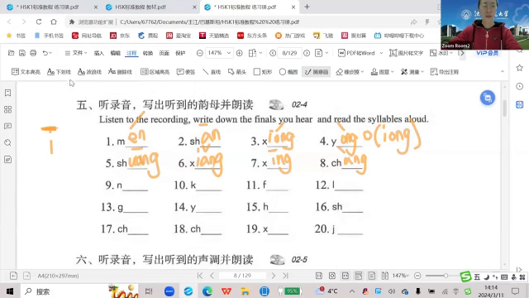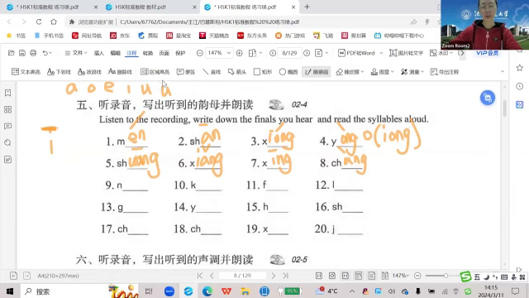Remember that? We should go according to this sequence, right? A, O, E, I, U, Ü.